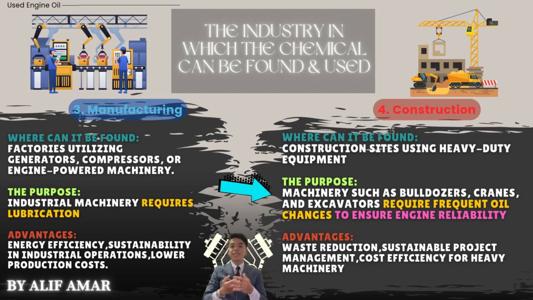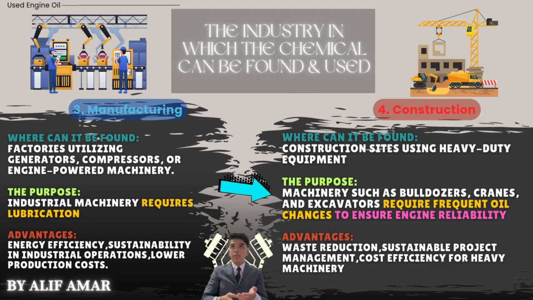For the next industry, I will be talking about the manufacturing industry. In the factories, they rely on generators, compressors, and other engine-powered machinery that all need lubrication to avoid costly breakdowns, where companies need to spend a lot of money to repair their equipment or machinery.